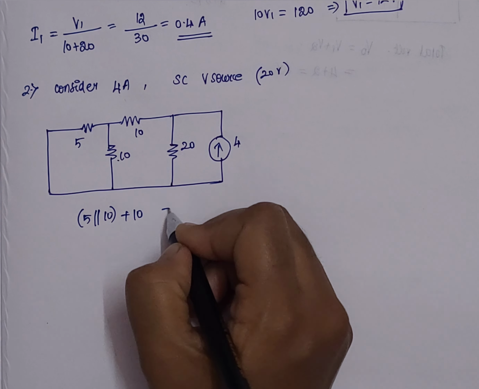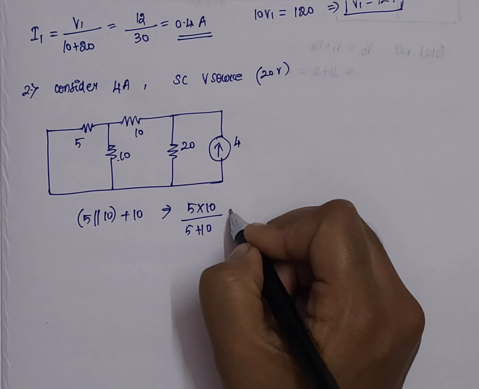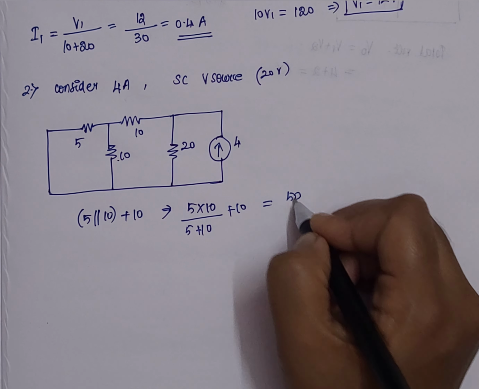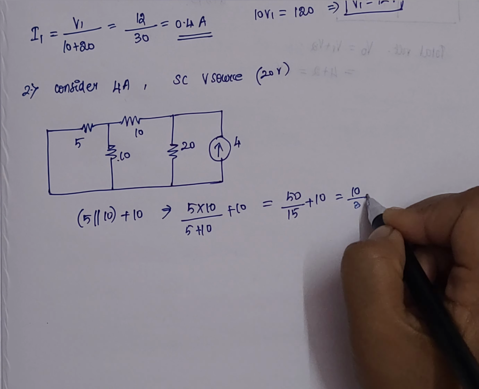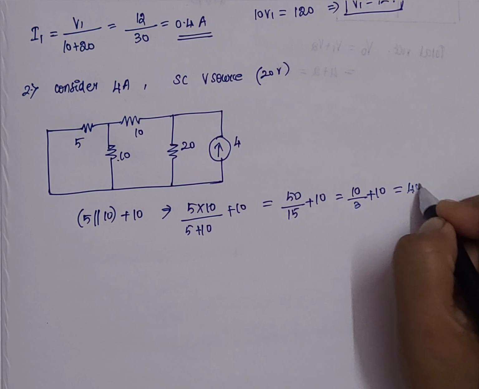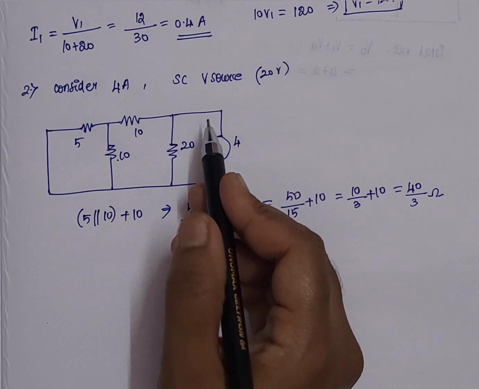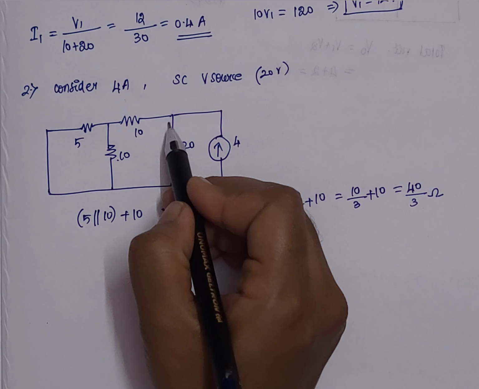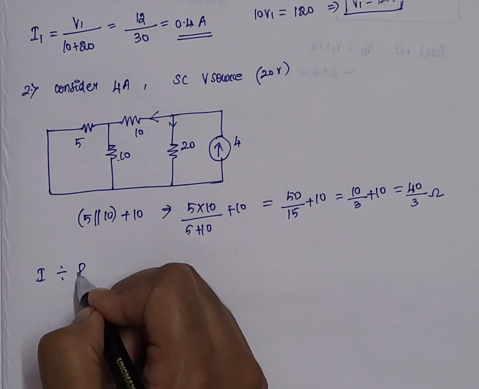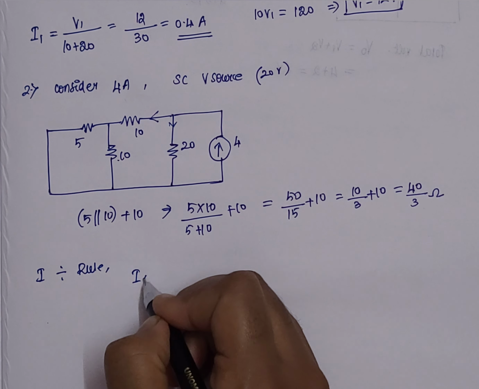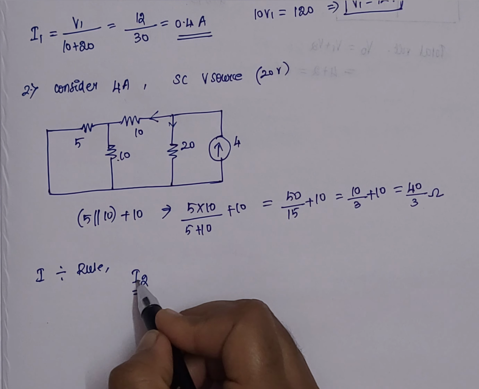So it will be 5 into 10 divided by 5 plus 10, plus 10, which is 50 divided by 15 plus 10, which is equal to 10 by 3 plus 10, which is equal to 40 by 3 ohms. Because this current is getting split in this way and this way, applying the current division rule, we will have the value of I2. Since we are considering it for the second source, we can term it I2.